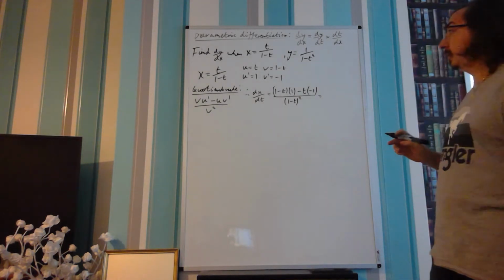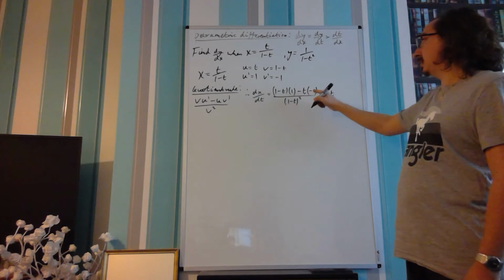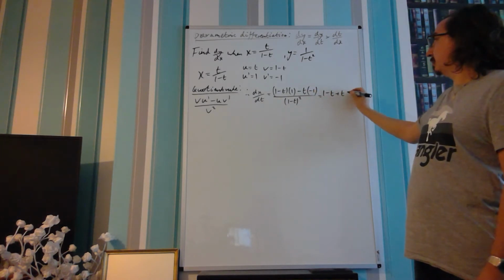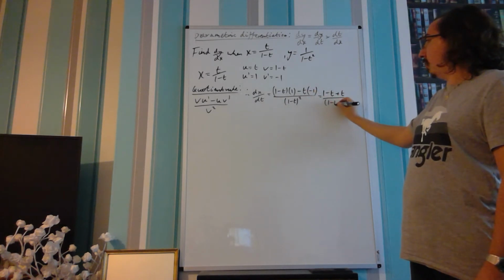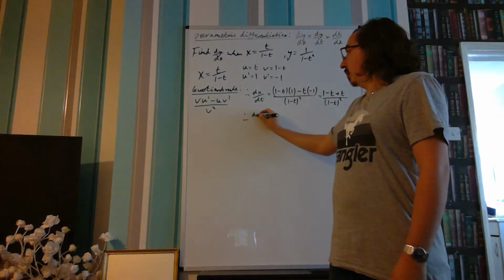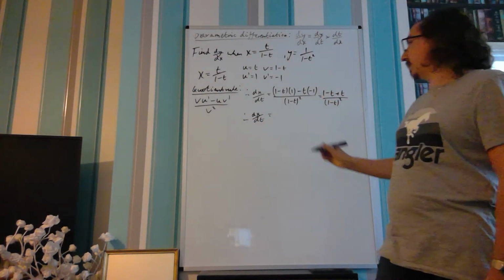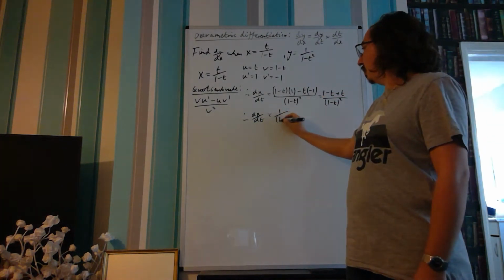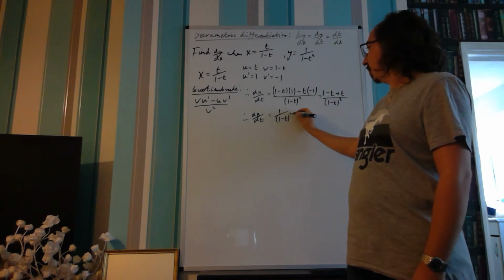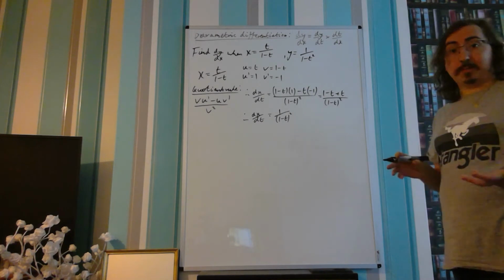So tidying this up a little bit then, we have 1 minus t times minus 1 is plus t, over 1 minus t all squared, or in other words, dx by dt is equal to, the minus t and the plus t cancel, 1 over 1 minus t all squared. So that's our expression for dx by dt.